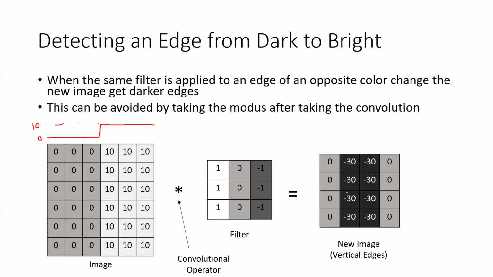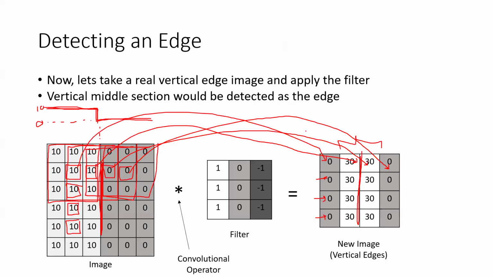So instead of directly using this edge image, you can use a modulus operator. That means whether it is a large positive value or a negative value, once you apply the modulus operator, it will become a positive value, right? So if you apply the modulus to plus 30, it would be plus 30, still a white color output at the edge.